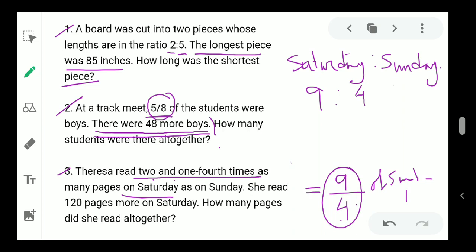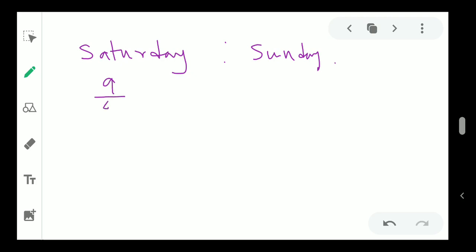So if Sunday she has read one book, Saturday she has read 9/4 books.